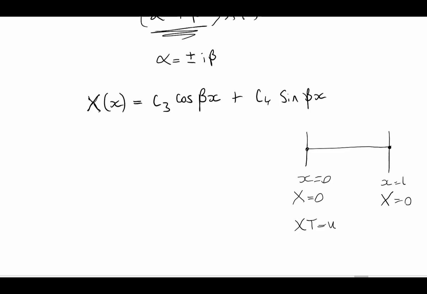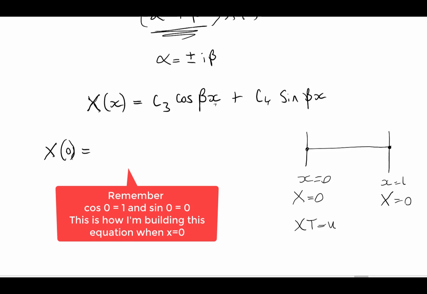So what can we say in here? Well, we can consider two particular cases. X of 0: when would that be 0? The cosine of 0 is equal to 1, so if we plug a 0 in here, we're going to get C3. The sine of 0 is equal to 0, so that term is going to cancel.